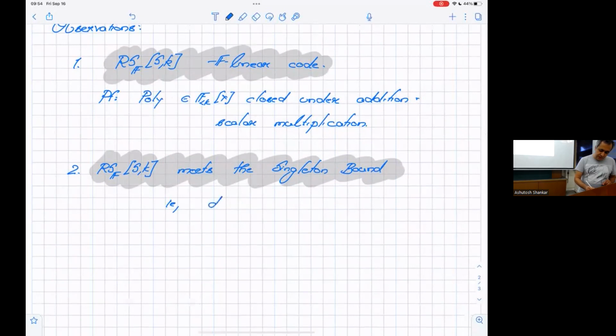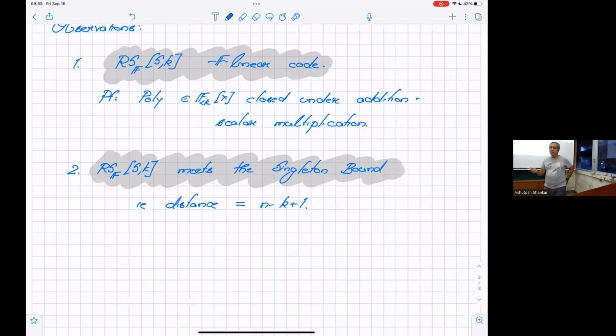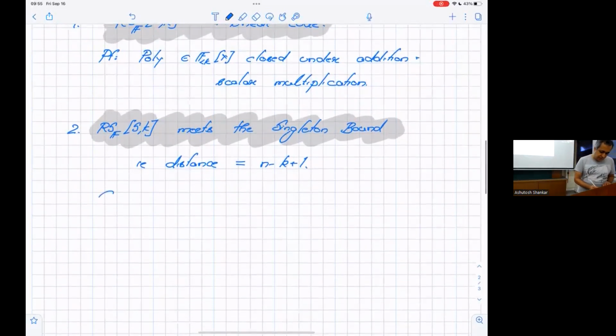That is, d plus k equals n plus 1, where d is the distance; in fact, equality d = n minus k plus 1. We'll show that it matches the Singleton bound. To show this more precisely, we show the following claim.